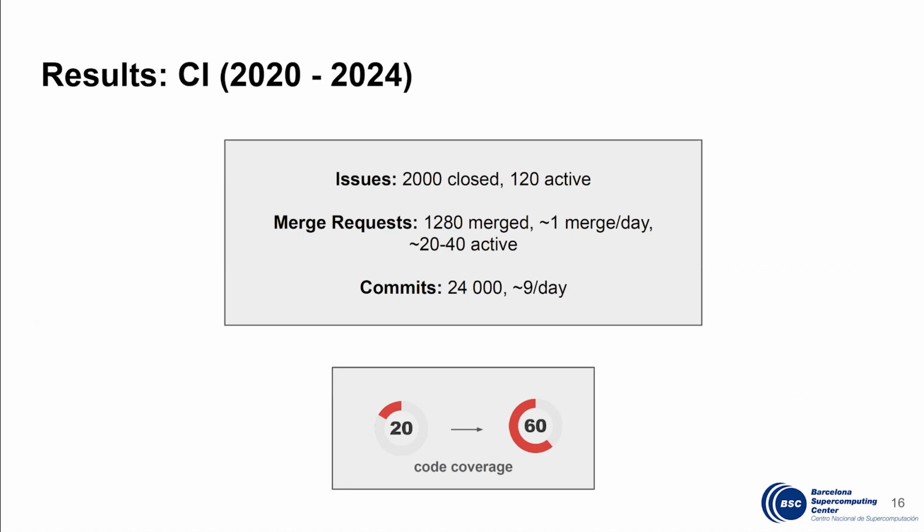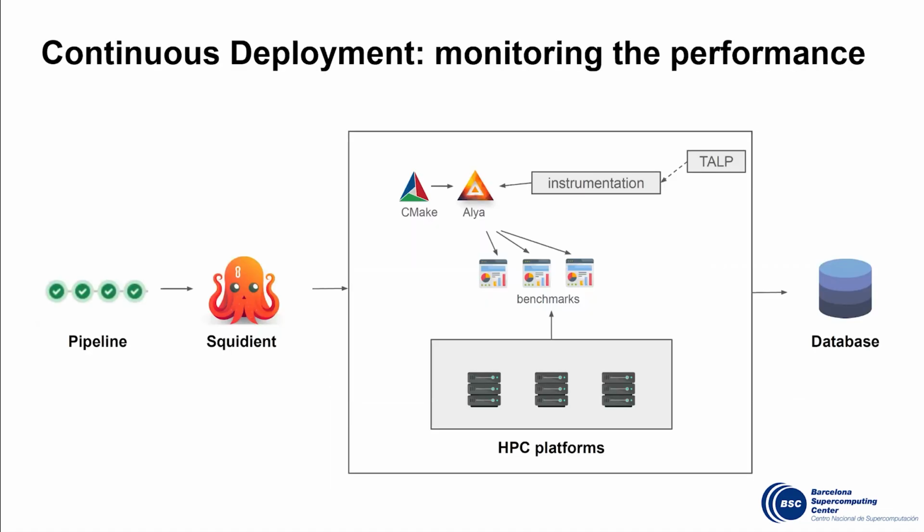We have a history of 20,000 commits, and an average of 9 commits a day in the master branch. And the code coverage has increased by 40% between 2020 and 2024.